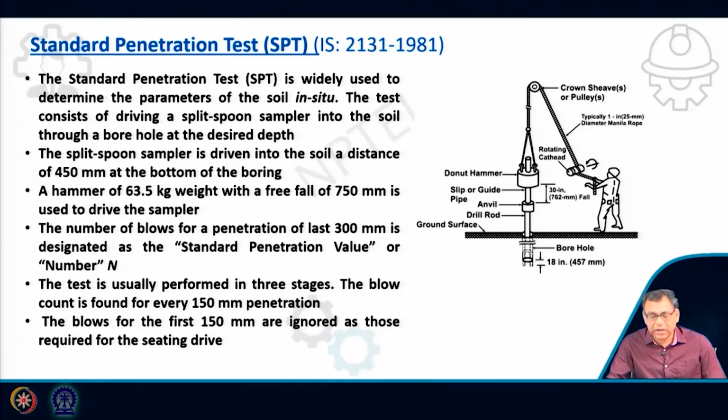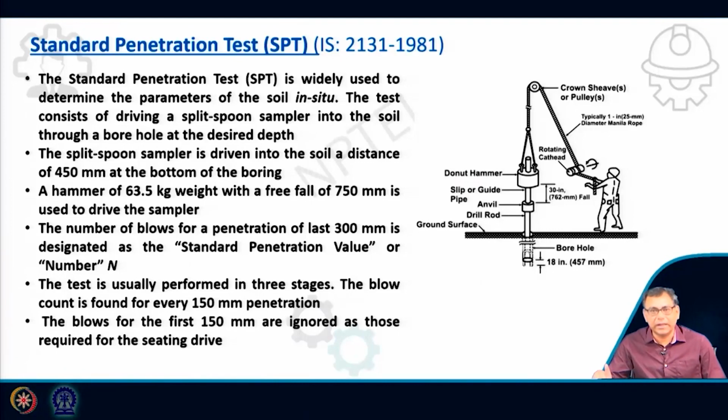That means to conduct this test we need a borehole, and within the borehole we drive a split spoon sampler by applying hammer blows. That split spoon sampler is driven into the soil for a distance of 450 millimeter at the bottom of the boring. So we have to make a borehole up to the desired depth.